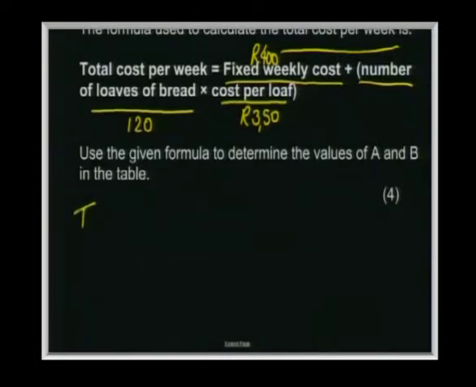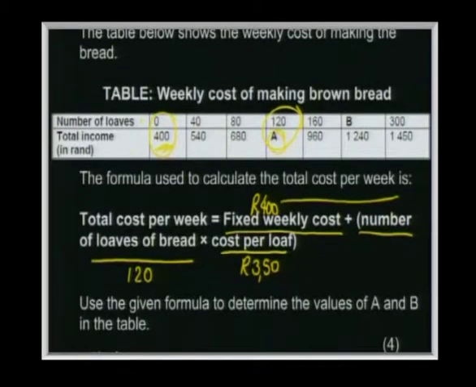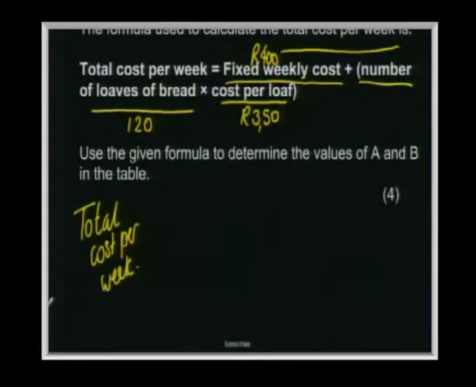So the total cost per week, and we're looking for A, is going to be 400 plus the number of loaves that we make at A, which is 120, times the 3.50 Rand.